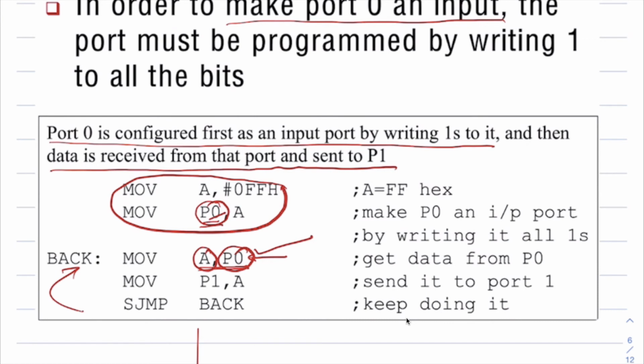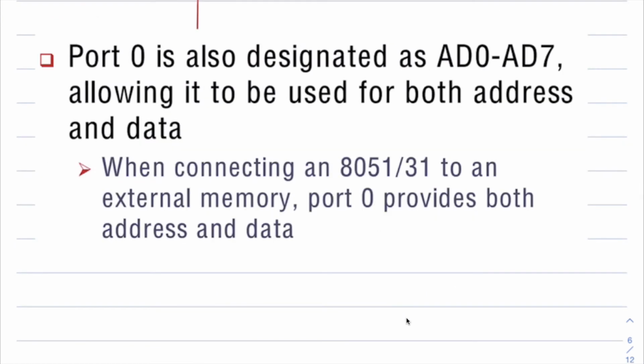One of the alternate functionalities of this port, you must be knowing, is that it is also used as the address or data lines when the external memory is connected. So that is the dual function of this port.